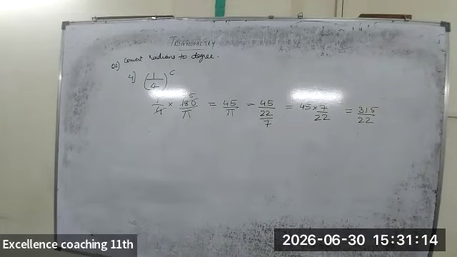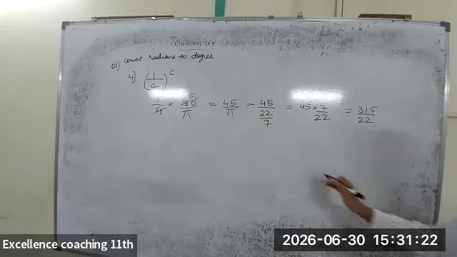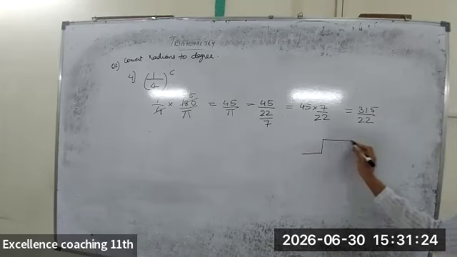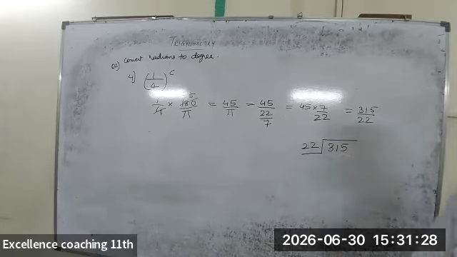Now you know that you cannot leave this as a fraction. You have to convert into mixed fraction, in quotient, remainder upon divisor form. So in the rough work, do the actual division. 315 divided by 22. And see how much you're getting.